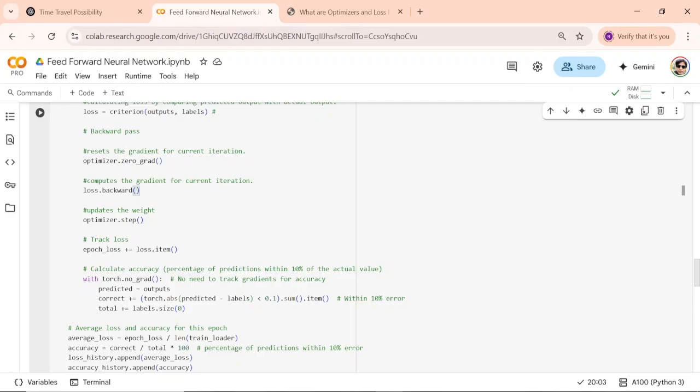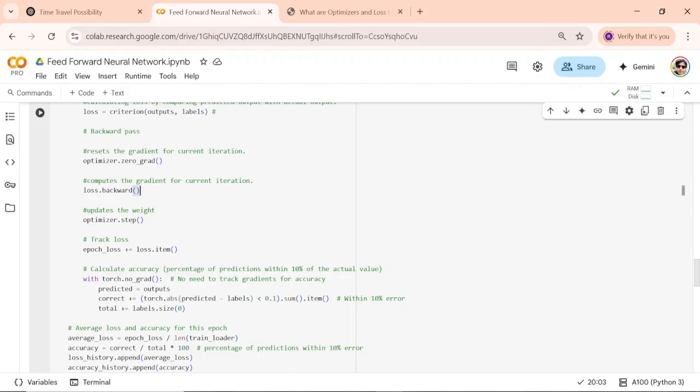If you might have studied gradient in calculus, it's the same gradient, right? So the differentiation. We compute the gradient here to identify how the loss is going to change with respect to weight. So that is dy by dx or dL by dW, the loss with respect to weight.